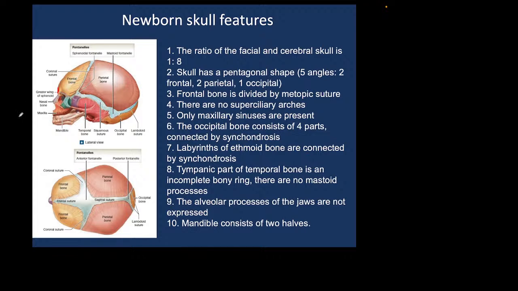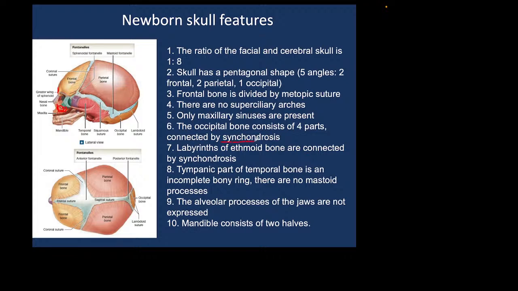Next, maxillary sinuses: all bones have no sinuses except the maxilla. Usually this cavity is very small, not more than half a milliliter, and it is also typical. All other sinuses start after birth. The occipital bone consists of 4 parts connected by synchondroses.